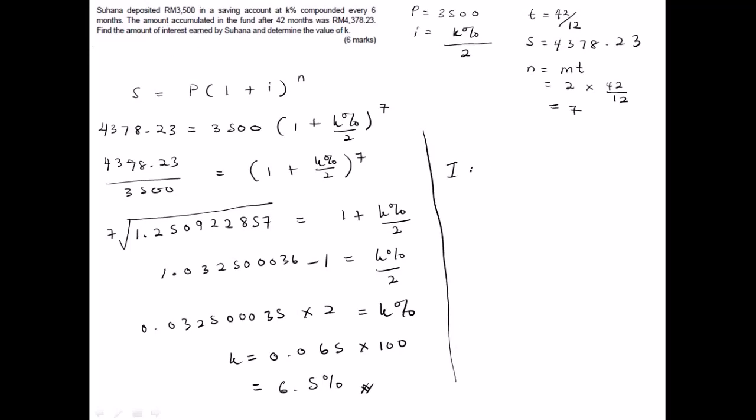Okay, to find interest, simply I equal S minus P. For 4378.23 minus 3500, the amount of interest earned is RM878.23.